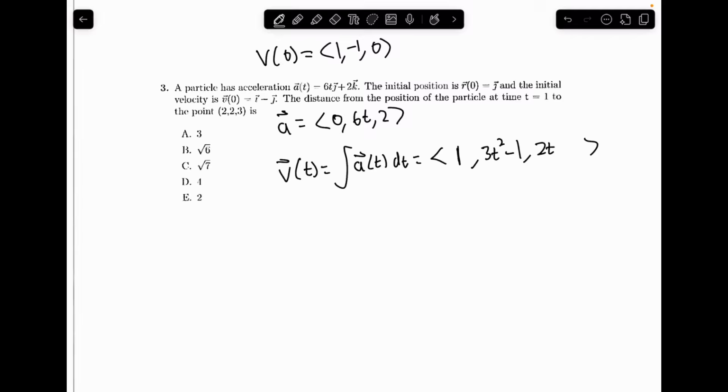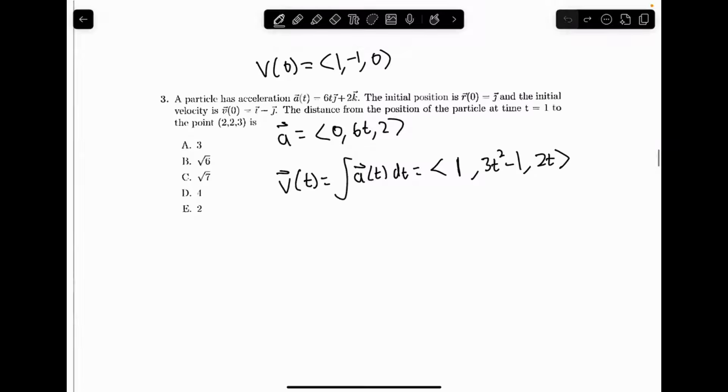Same thing for the last component, that actually all works out, so we don't have any constants. So this is our final vector. We're just plugging in 0 and then adding or subtracting what it takes to get to this value of v. Just to check, this term drops, so we get negative 1, this term drops, we get 0, and that is equal to 1, negative 1, 0.